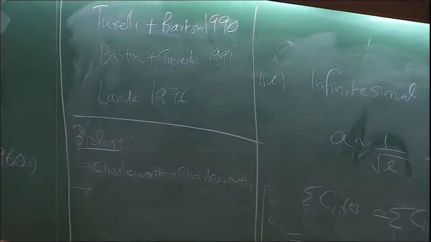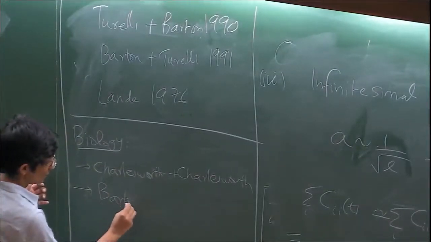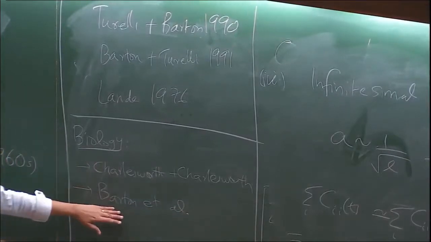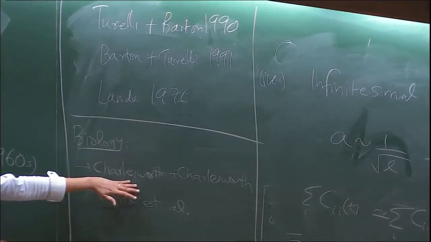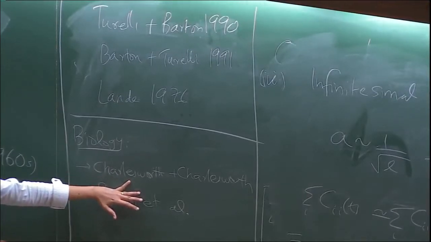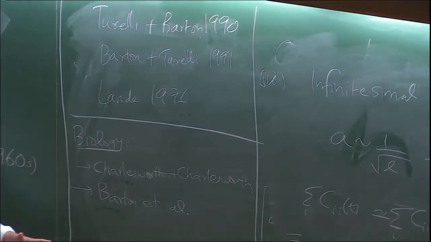And there's another book by Barton and many others. I forgot the names of the others. This book actually has no equations, but there's a nice set of exercises you could look up. Charlesworth and Charlesworth talks in the main text about biological problems verbally, but they have boxes which do some amount of math.